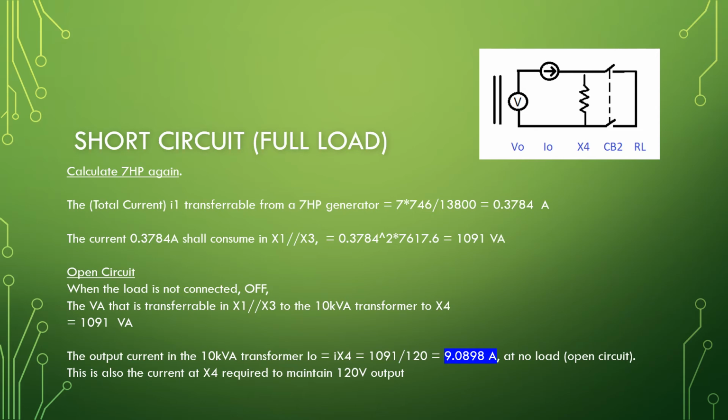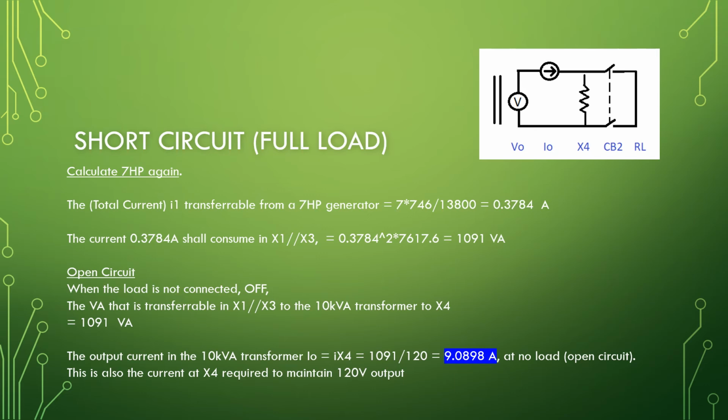Open circuit, when the load is not connected, is off. The VA that is transferable in X1 parallel X3 to the 10 kVA transformer to X4 equals 1091 VA.